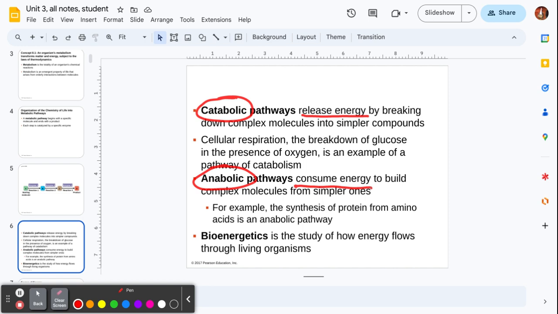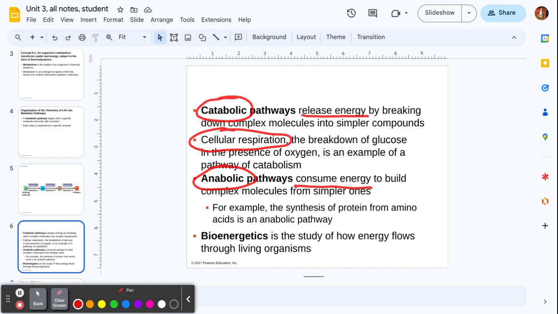In this unit, we're going to talk about catabolic pathways that include this guy. We'll have an entire chapter on cell respiration. Cell respiration is not just breathing. Breathing is a very important part of it, but it's also tied to the breakdown of your food.